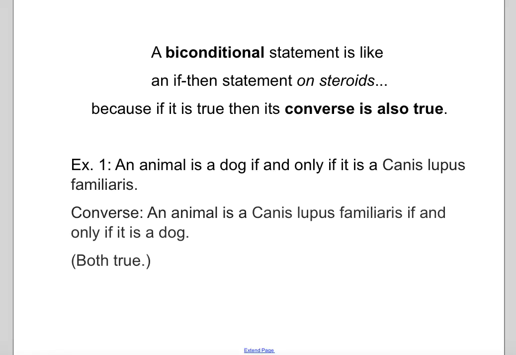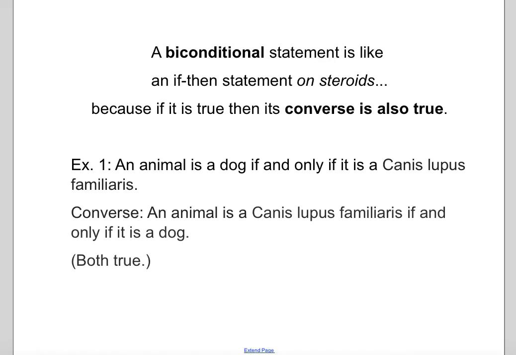Here's one more new vocabulary word for you. A biconditional statement is kind of like an if-then statement on steroids in that it's a much more powerful kind of statement than a plain old if-then statement. Because a biconditional statement has the characteristic that its converse is also true.